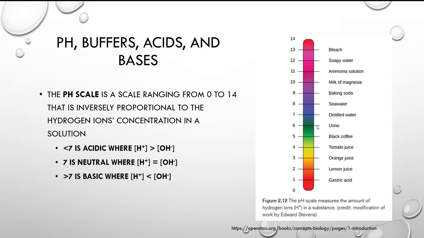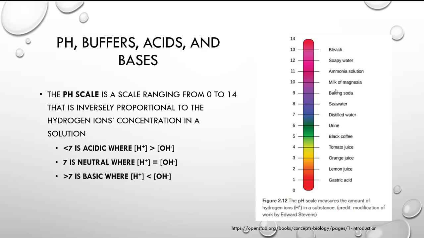Our urine is right about 6, so it's a little more on the acidic side. Our stomach is breaking down our food, so it's very acidic, down to 1. That makes sense because we need to break food down into smaller parts.